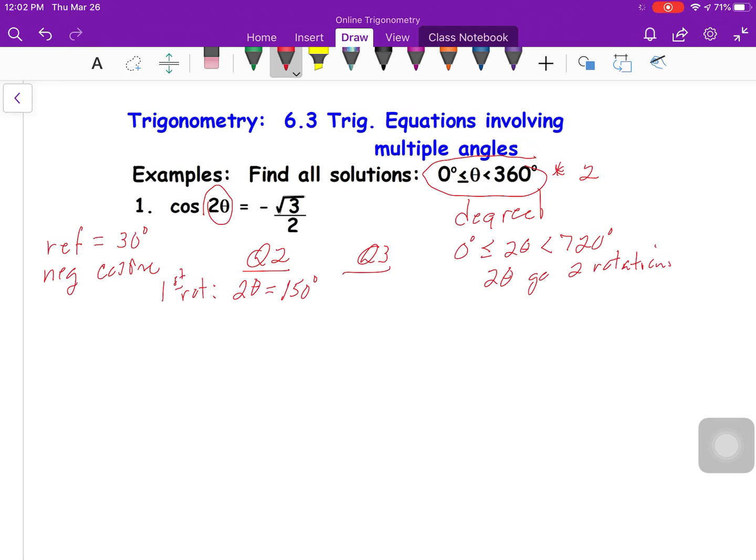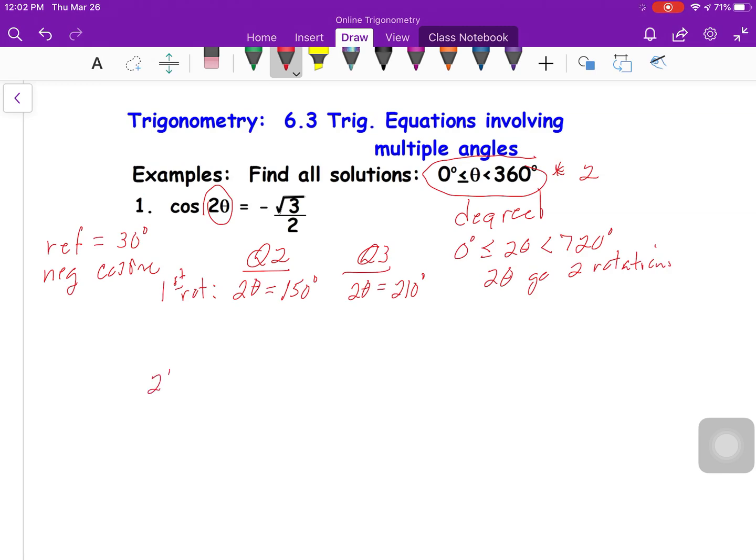And then our quadrant 3 angle on the first rotation, our 2 theta once again, will be equal to, now this time we have to add the reference angle again to the 180, and we get 210. Now these aren't finished yet, but we'll come back to them in just a little bit.